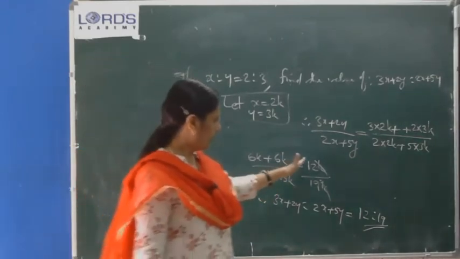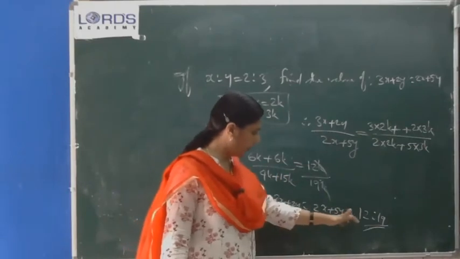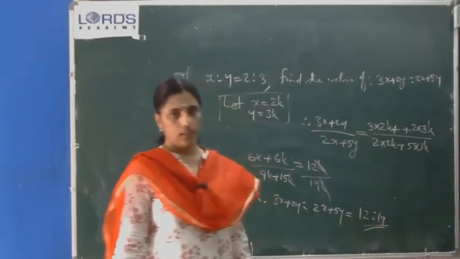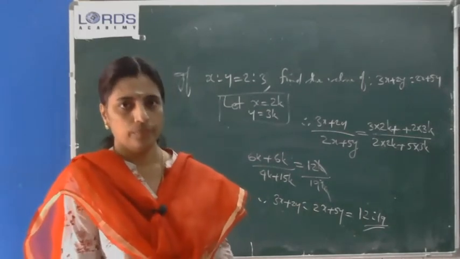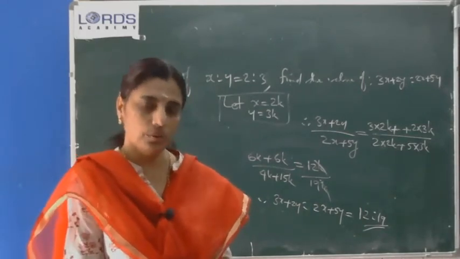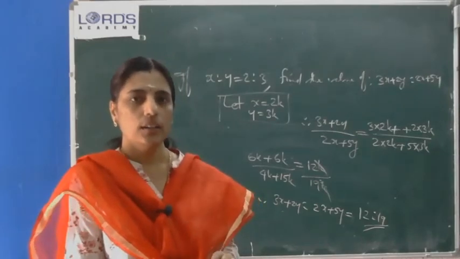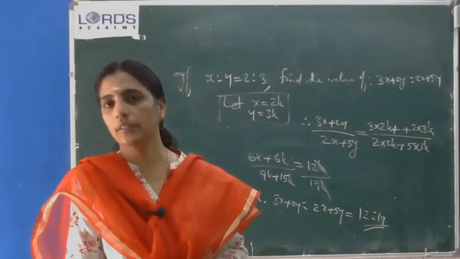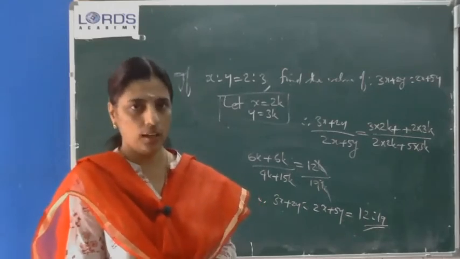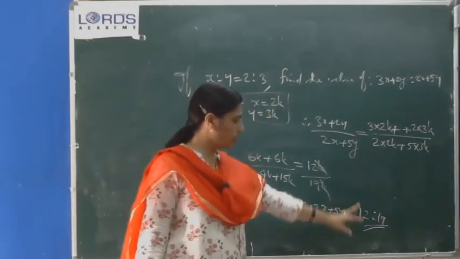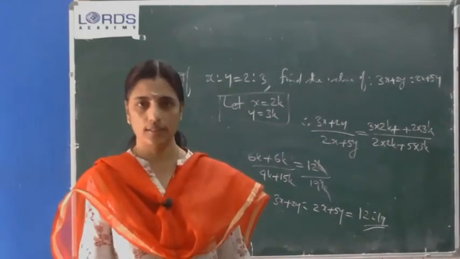So 12 by 19, therefore, in 'is to' form you write equal to 12 is to 19. Even if according to us it's not a serious problem, I know. I will also argue, but no use. Their criteria, if it is in the fraction form, you have to write in the fraction form. If it is in the ratio form, you have to write in the ratio form. So 12 is to 19, that's the answer.